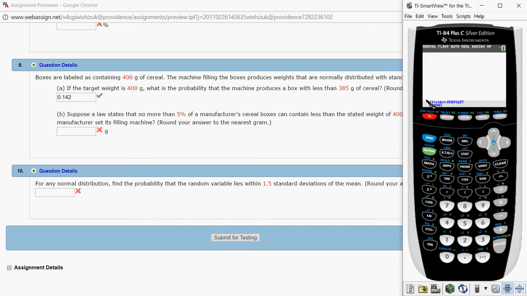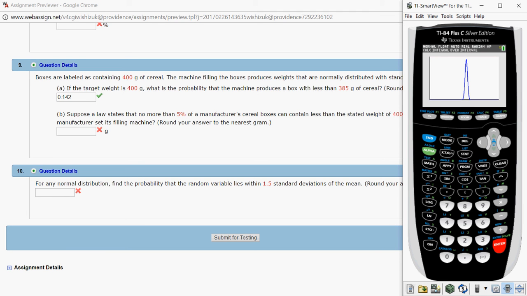Let's go up here and change it to 423. Hopefully this is the last one. Hit enter, then second trace, calculate, number 7, 0 to 400.